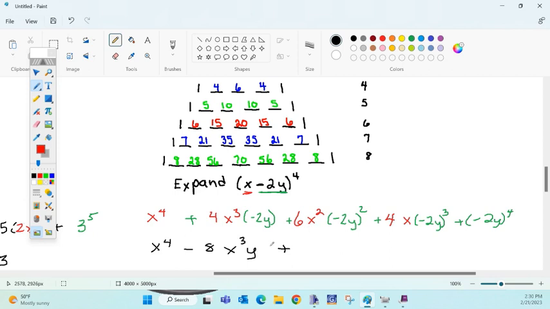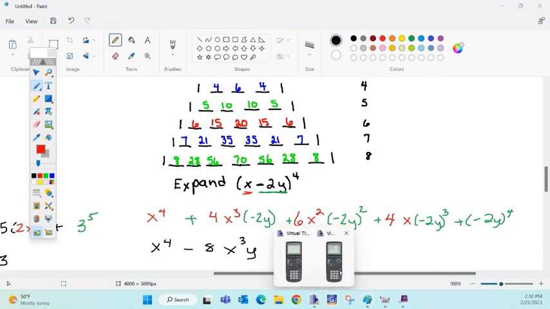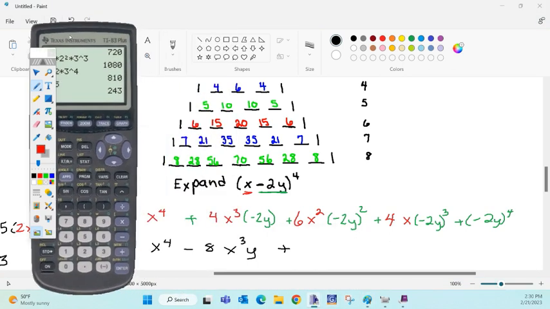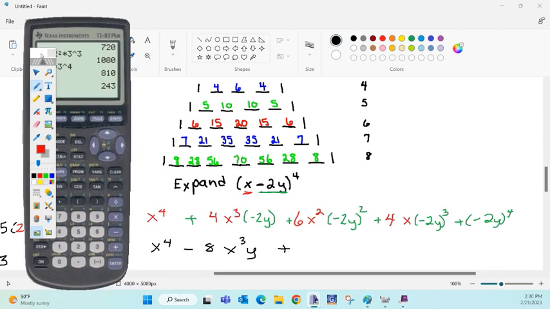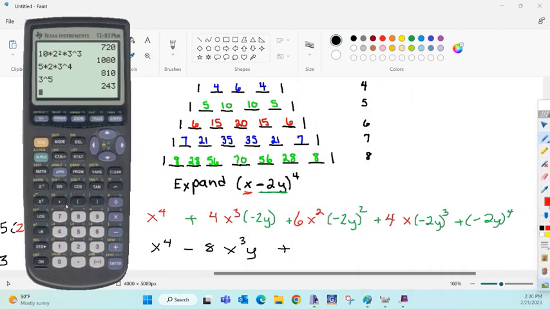So this one is 6 times negative 2 squared. That really is just 4 times 6, which should be 24.